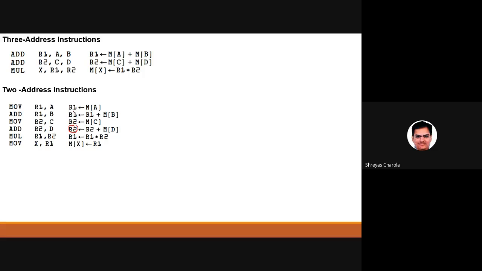Now the data is in R1 and R2. Now I need to multiply those two data and store into R1. Okay, R1 multiply R2, that is two addressing, and then last.